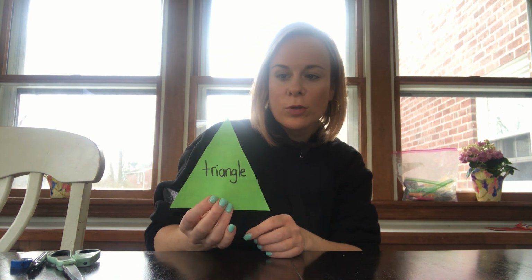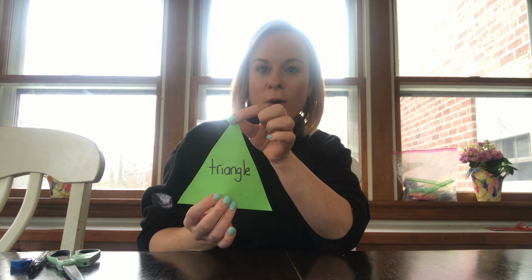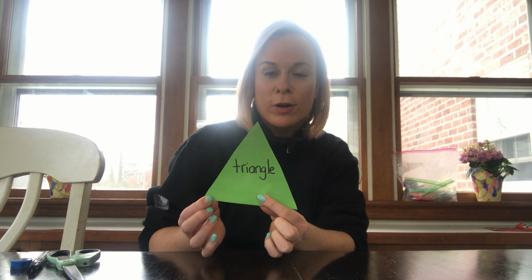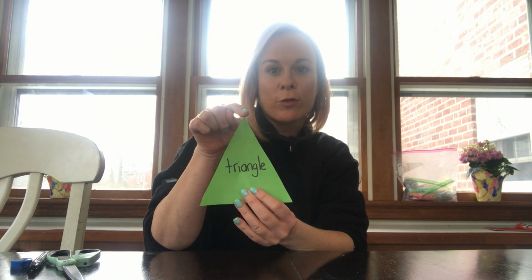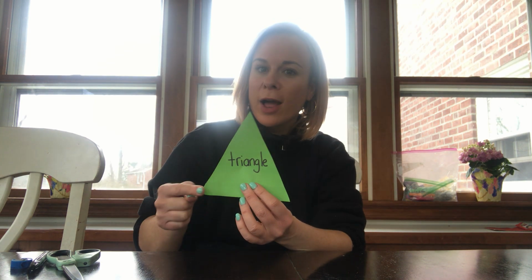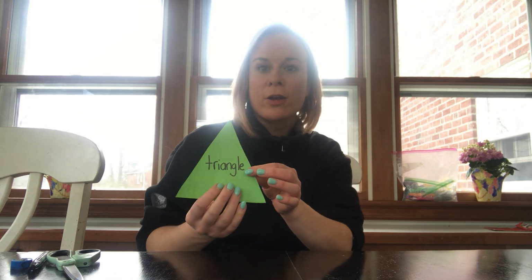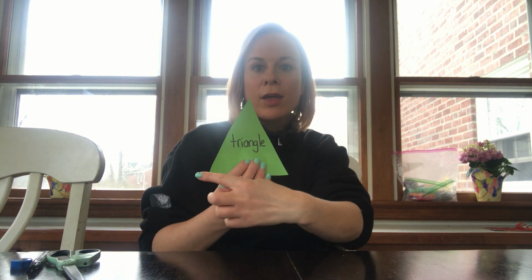And let's count the vertices, or the corners, where the lines meet. Here's a corner or a vertex. 1, 2, 3 vertices, okay? One corner is called a vertex, but the triangle has more than one, and they're called vertices. All right, so the triangle has 3 sides and 3 vertices.